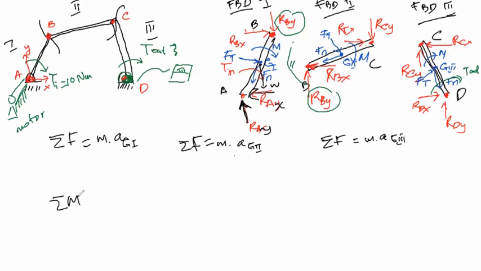All right, now for link 1, sigma M will be with respect to which point? Again, this is up to you. Let's talk about unknowns. How many unknowns for link 1?